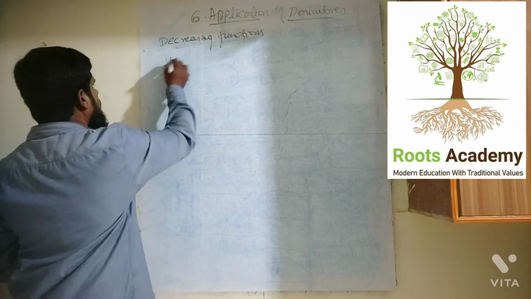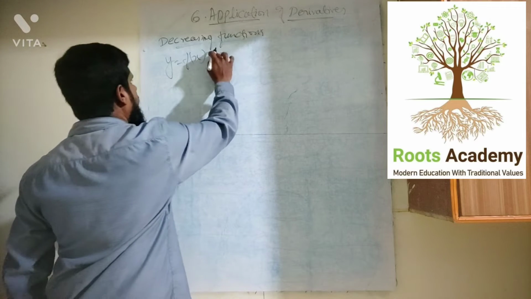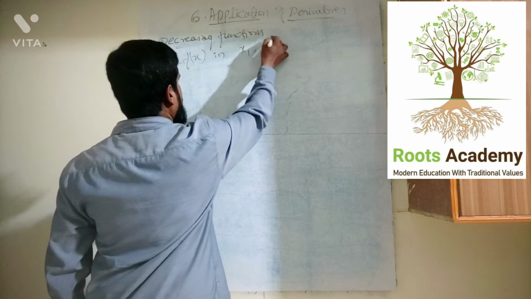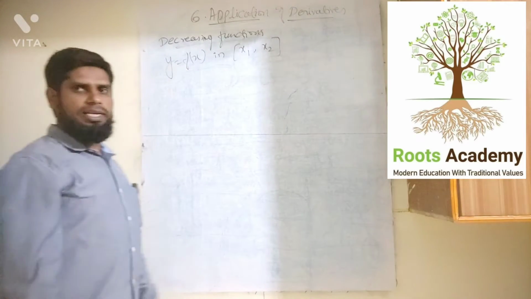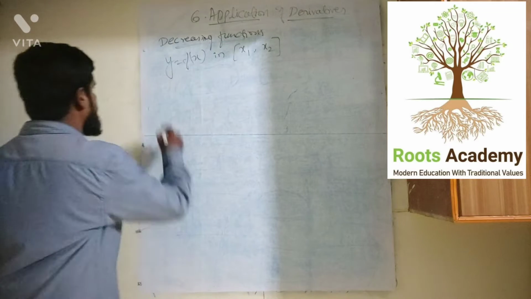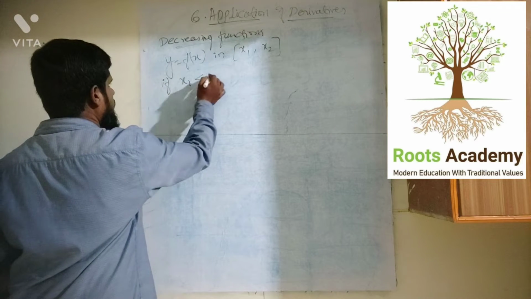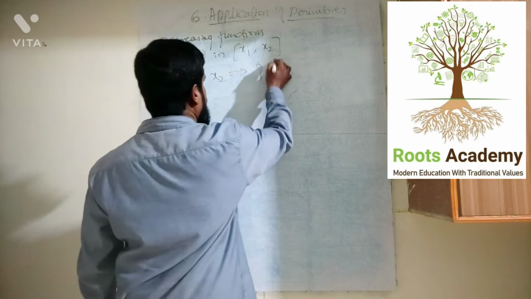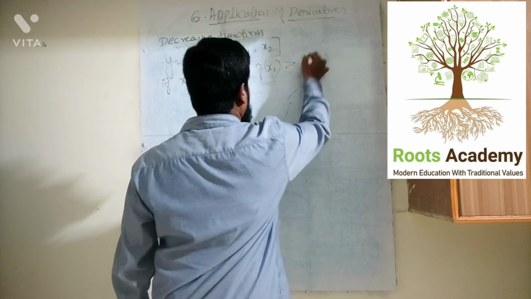So if I have a function y is equal to f of x in the interval x1 comma x2, then the function is said to be strictly decreasing if x1 is less than x2, which implies f of x1 is strictly greater than f of x2.